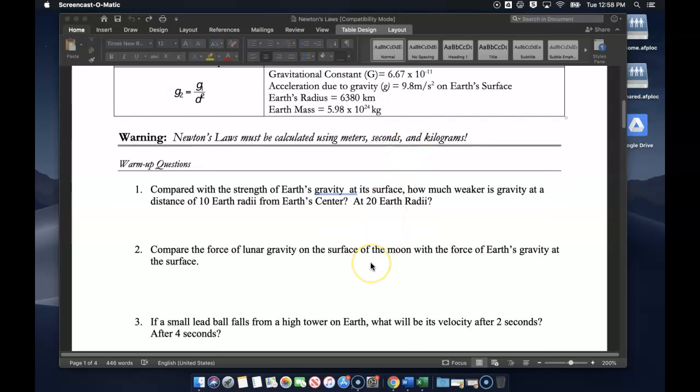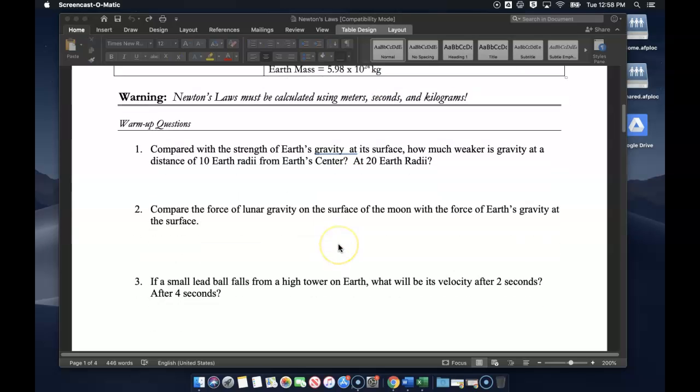I will tell you that the acceleration due to gravity on the moon is 1/6 that of the Earth's surface. So you do the math there and find out what 1/6 of 9.8 meters per second squared would be, and that'll be your answer for number 2.